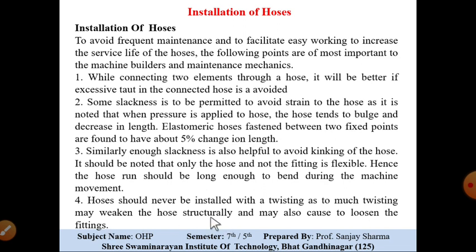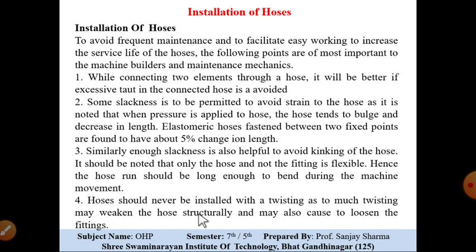Now, structurally weakens means what? We have seen in the previous lecture the construction of the hose pipe. It is generally of 3 layers: inner layer, intermediate layer and outer layer. The inner layer is plastic or rubber, and the outer layer is rubber.